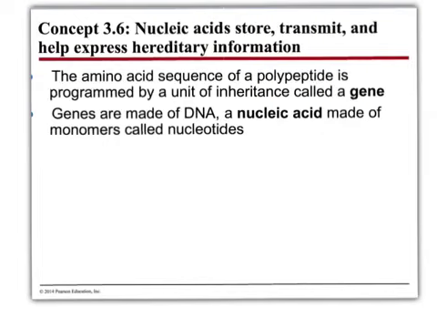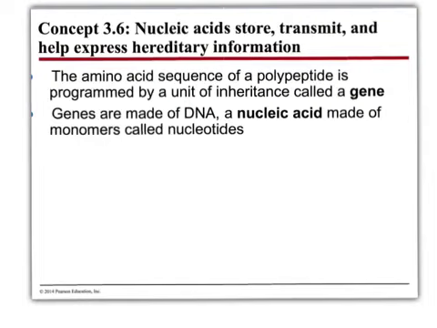Okay? What's the importance of genetic information? Well, the amino acid sequence that makes up proteins, which then carry out all the functions of the cell, are stored in the genetic information, in genes. Each gene, most of the time, codes for a protein. So one gene, one protein hypothesis.